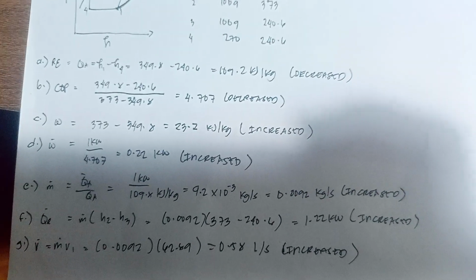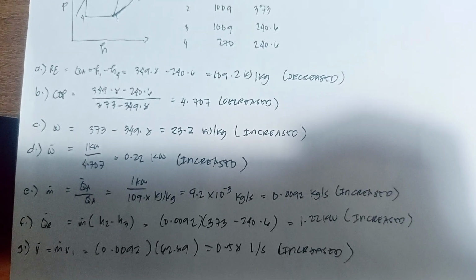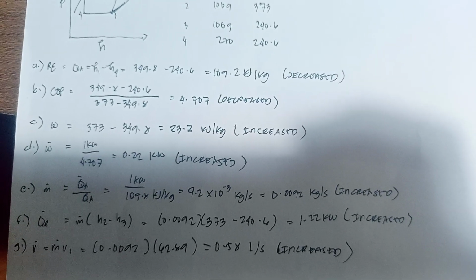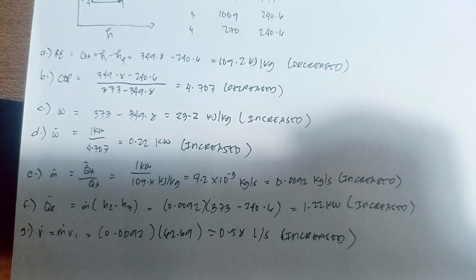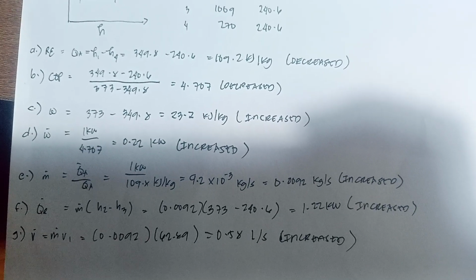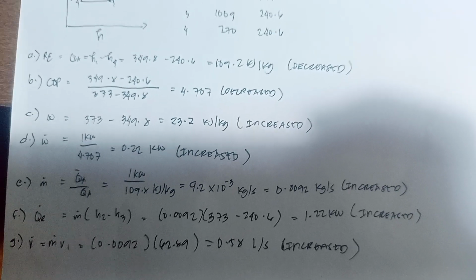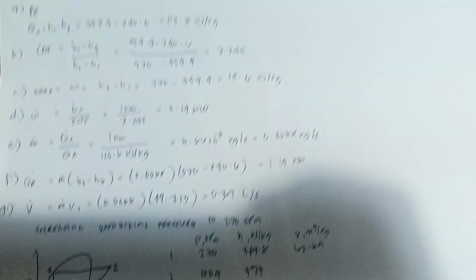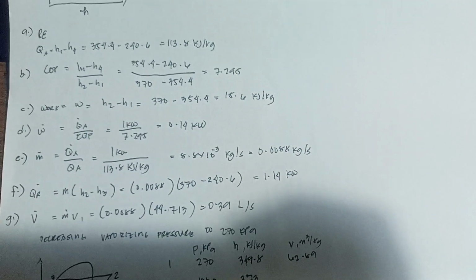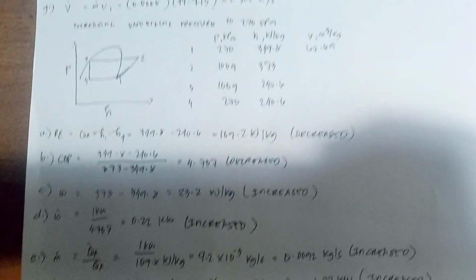So now once we got the corresponding values, we are going to substitute it. So for RA, we have 349.8 minus 240. So we have 109.2 kilojoules per kilogram. So the value decreases from the previous value, which is 113.8 kilojoules per kilogram.